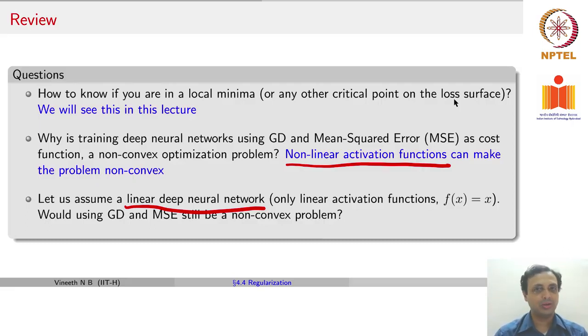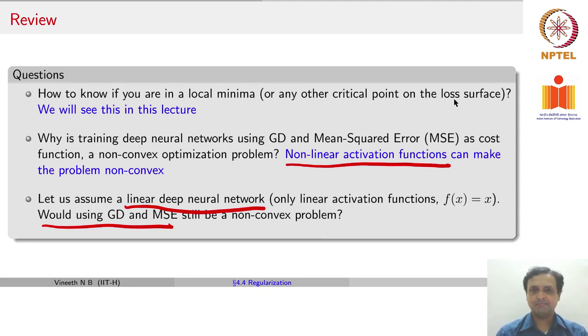No sigmoid, no tanh, no relu, and so on. You only use linear activation functions, which is as good as saying no additional activation function other than the neural network itself. Now, would training a neural network using gradient descent and mean square error be a convex optimization problem or a non-convex optimization problem?